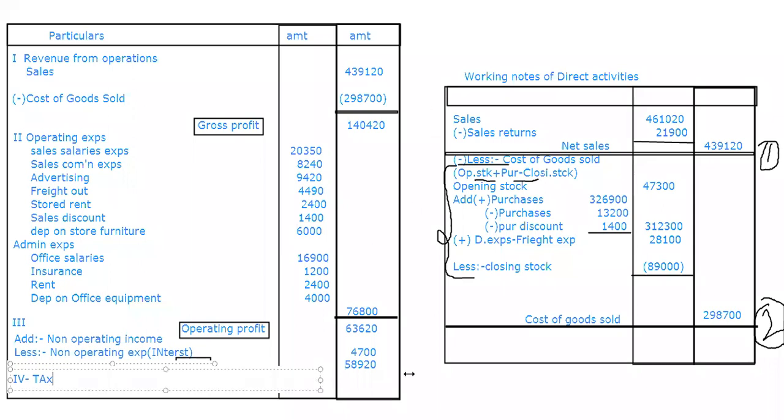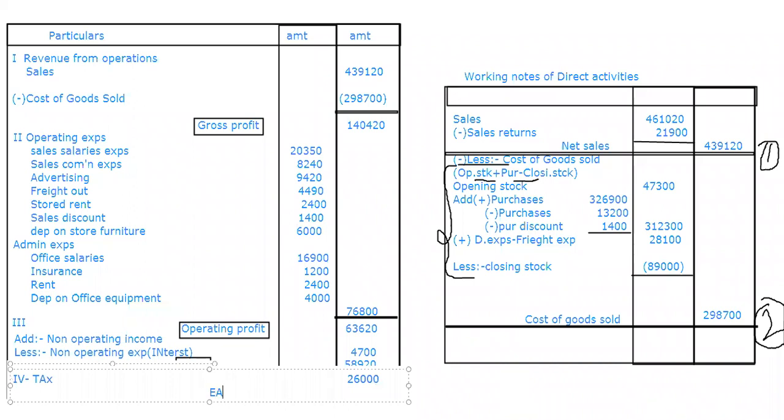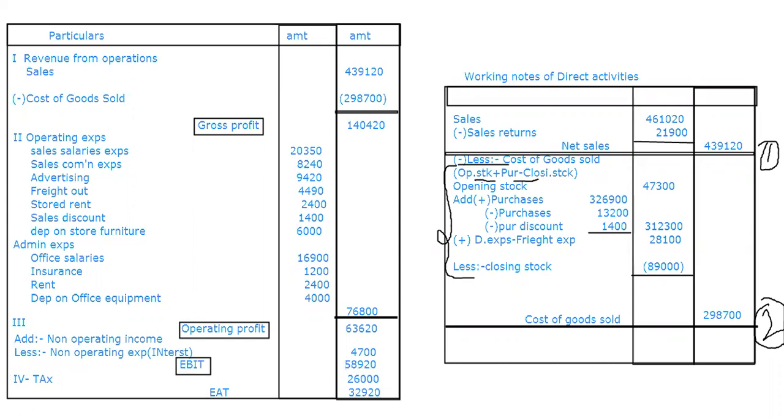Okay, minus. Therefore EAT, earnings after tax, is equal to 58,920 minus 26,000, which is 32,920. Done. So this is our earnings after tax.